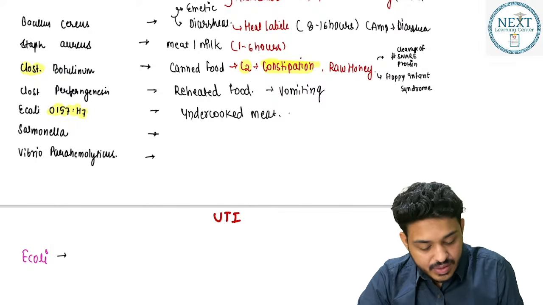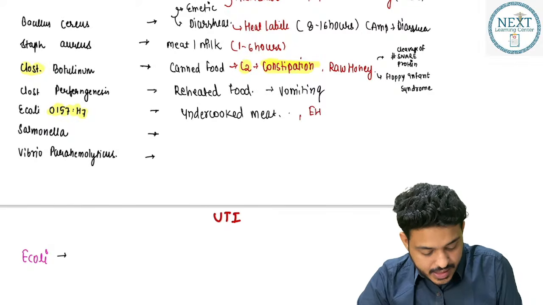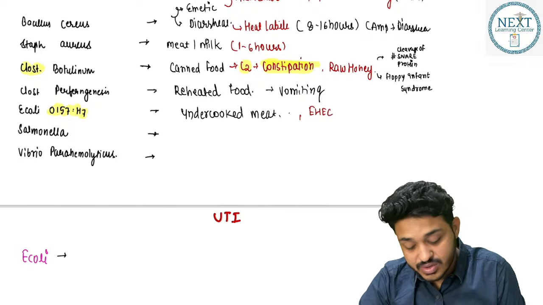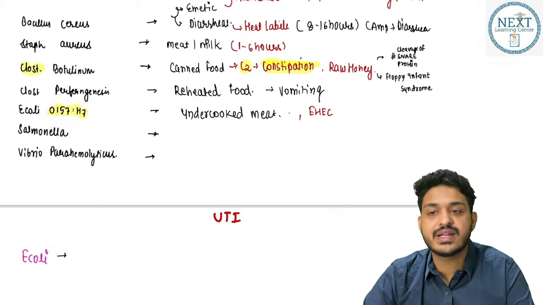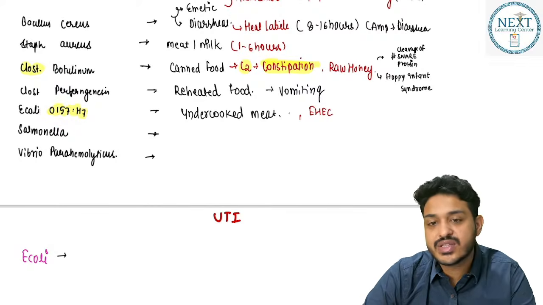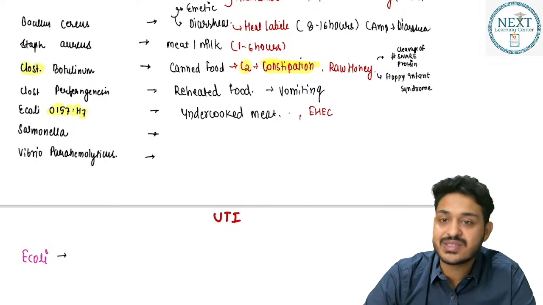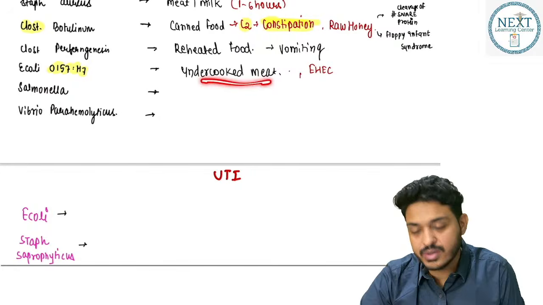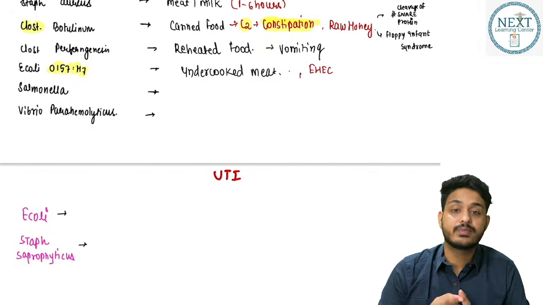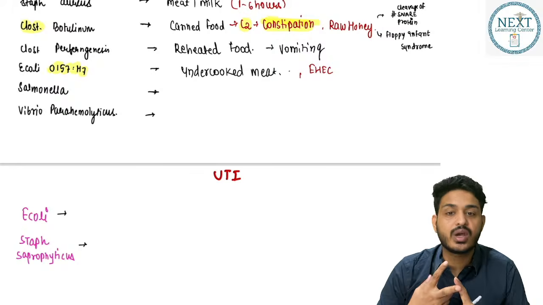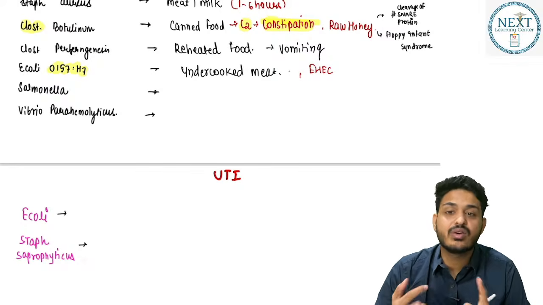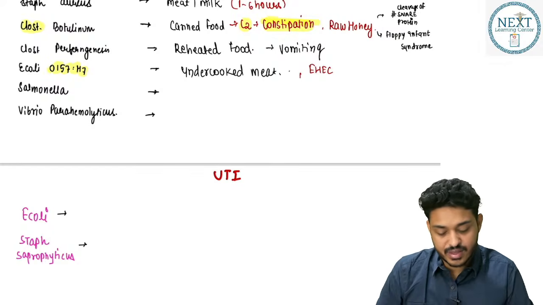The enterohemorrhagic E. coli toxin is going to be there, which has some association with O157:H7, and it can lead to hemolytic uremic syndrome. You can also have hemorrhagic colitis, right? So this is happening due to undercooked meat. Remember, I told you undercooked meat, and even undercooked fish can cause what? Cancers in your body, right? So these things are going to be there.